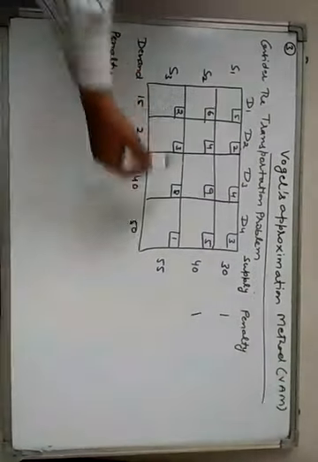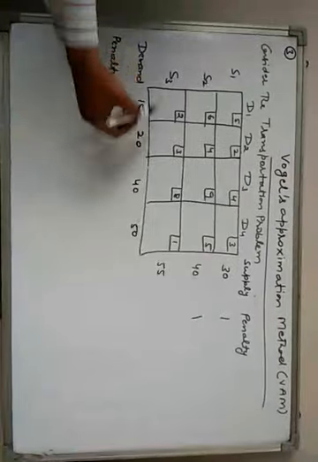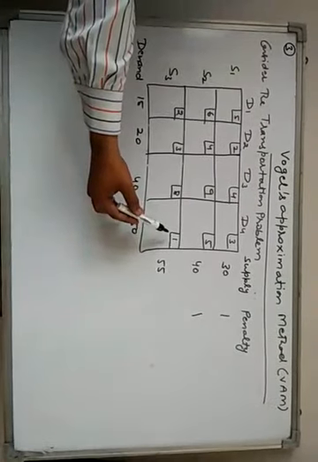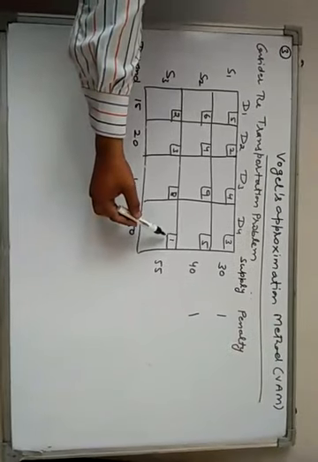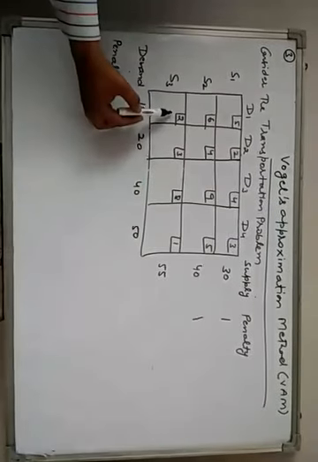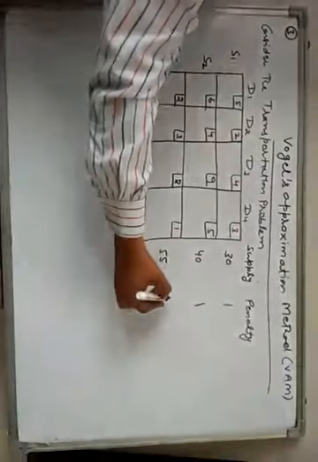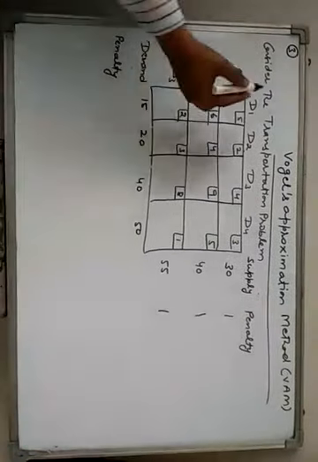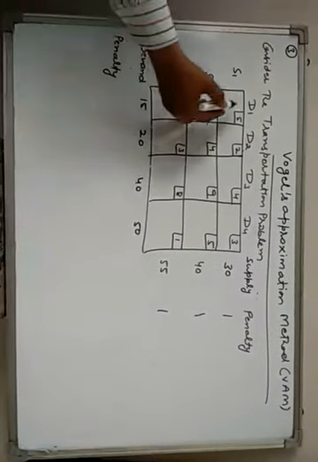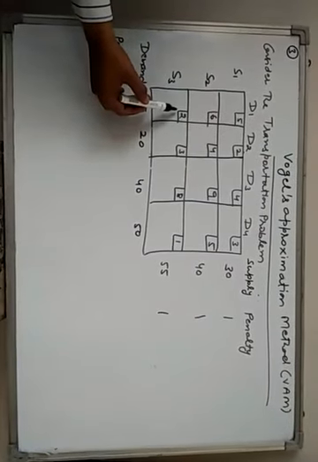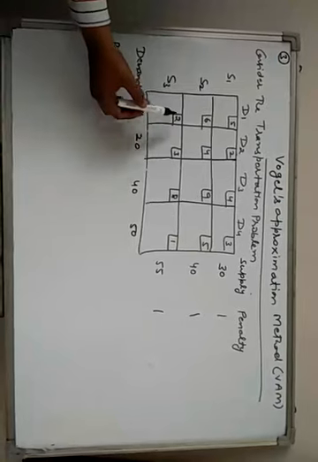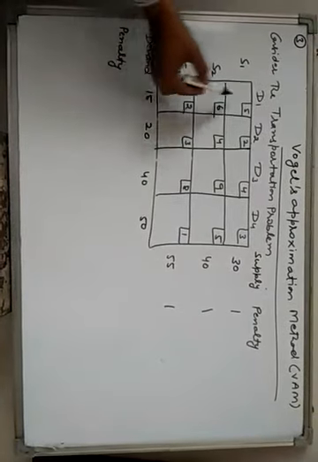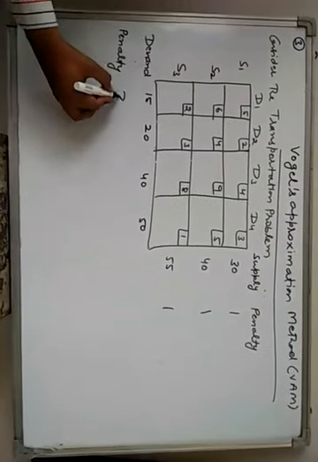Then we calculate penalty in this manner. Here the smallest entry is 1 and the next higher entry is 2. The penalty is again 1. Now we will calculate penalty column wise. We take the first column, the smallest entry is 2, and the next higher entry is 5. The difference of these two is 3.